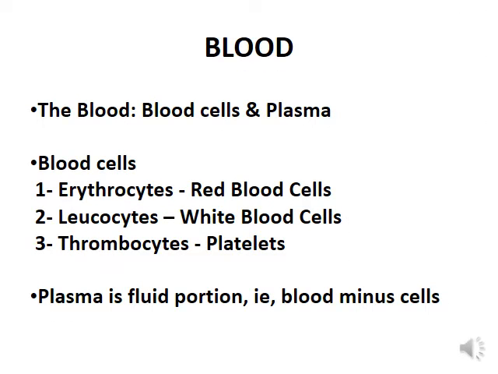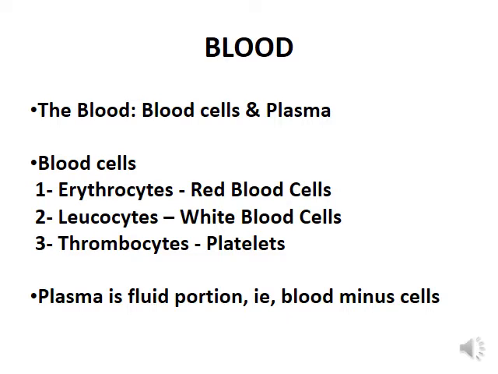In outline, the blood comprises blood cells and plasma. The blood cells are the erythrocytes, or the red blood cells as we normally call them, the leukocytes, or white blood cells, and then the thrombocytes, which are the platelets.